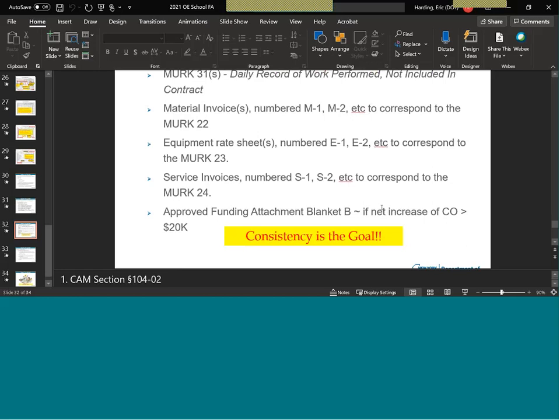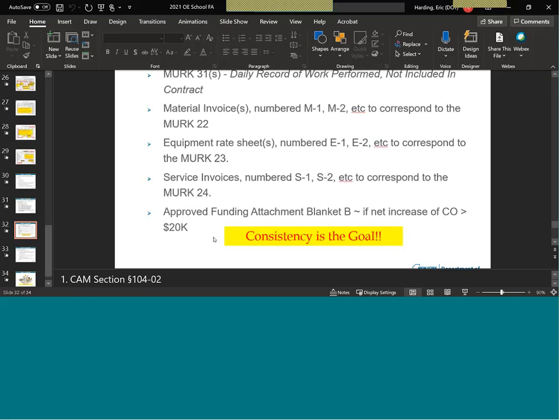Typically, most jobs with a big force account, you're going to be over 20,000. Your region, I don't tell my guys that you have to process force accounts on a separate order or anything like that.